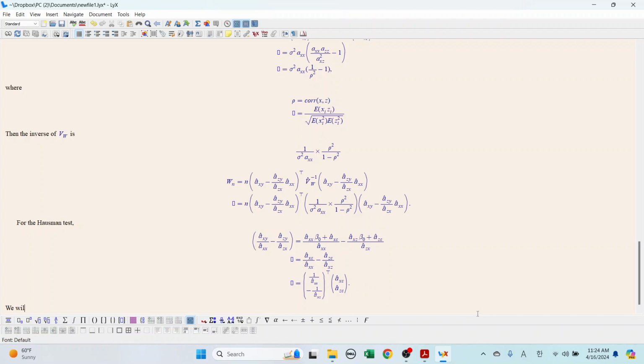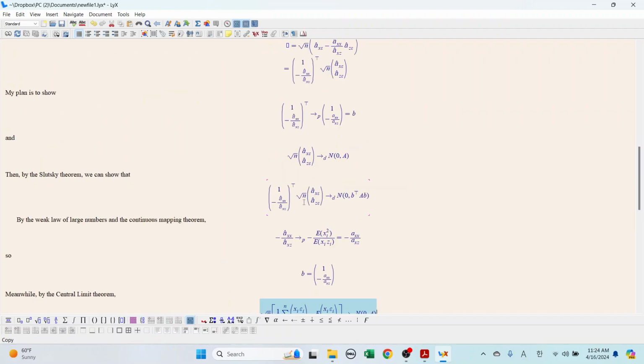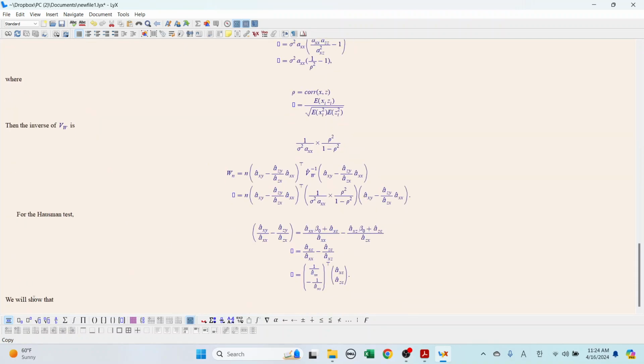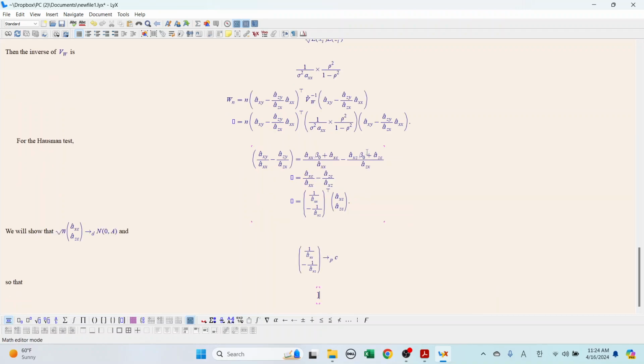And we will show that this, the first vector, converges to C, say, so that the square root of this guy will converge to a normal distribution with variance C transpose AC.